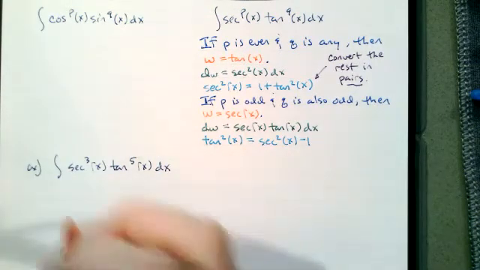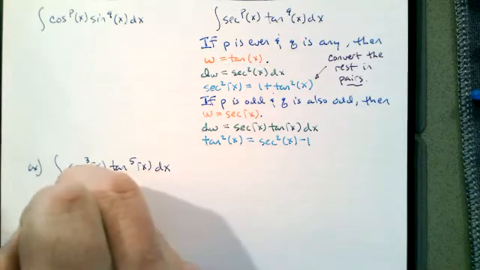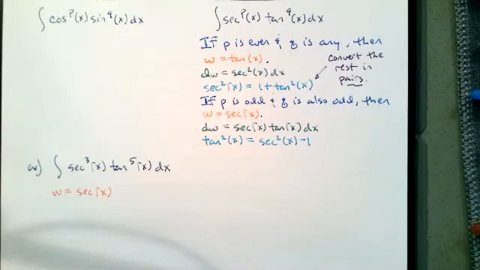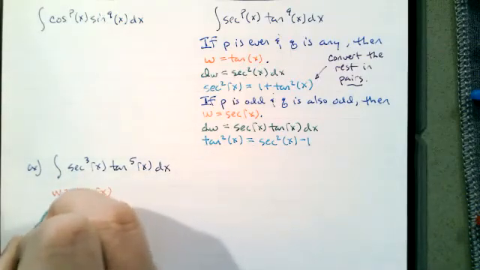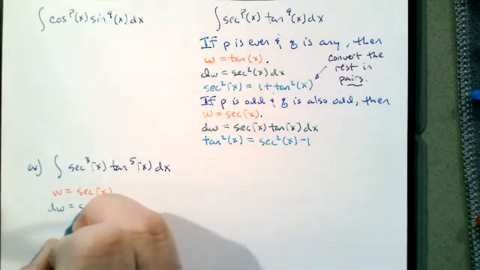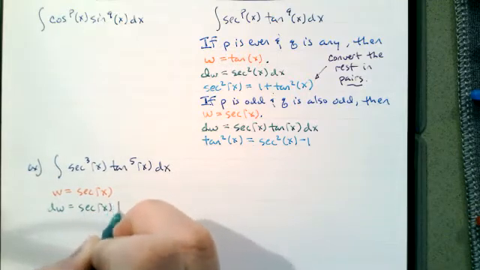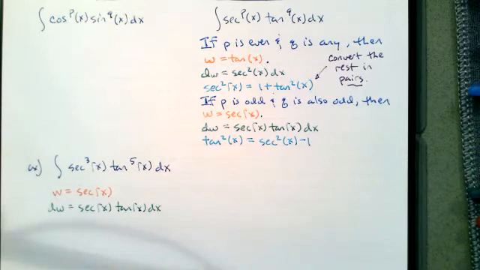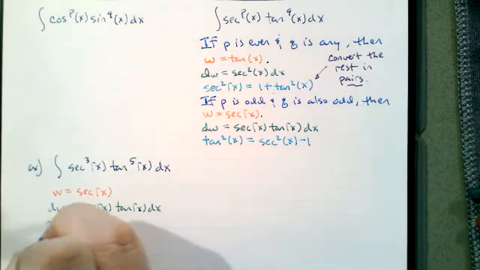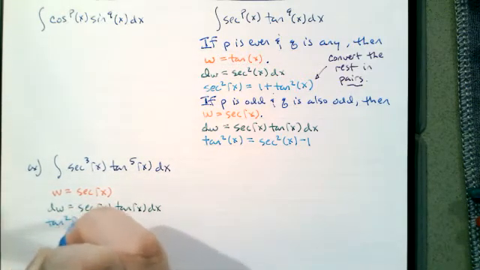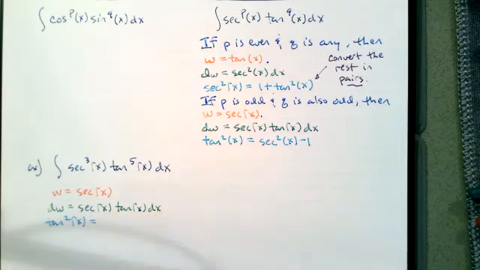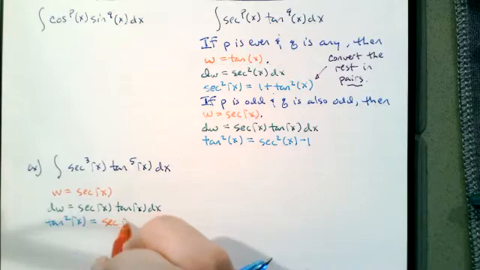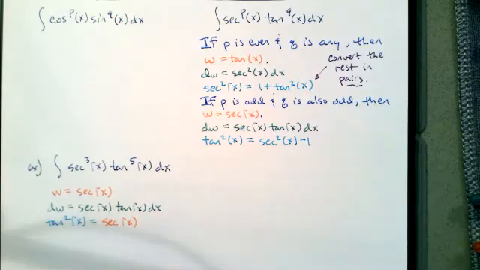That's when we can make the substitution w equals secant x, and dw in that case is going to be secant x tangent x. And then we'll be able to convert the rest through tangent. So tangent squared x will be secant squared x minus 1.